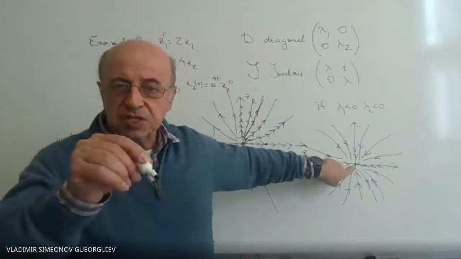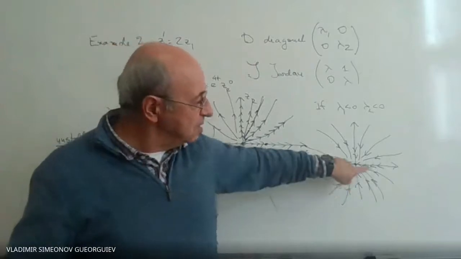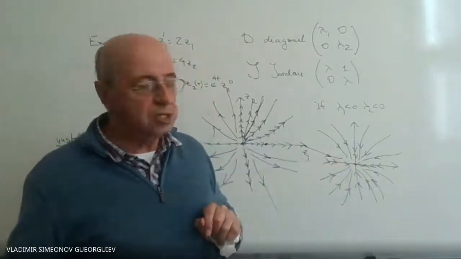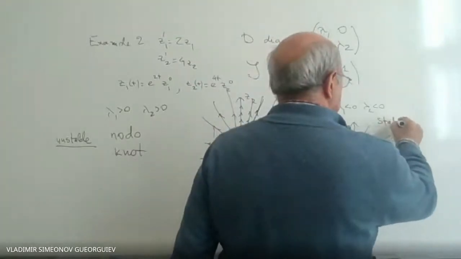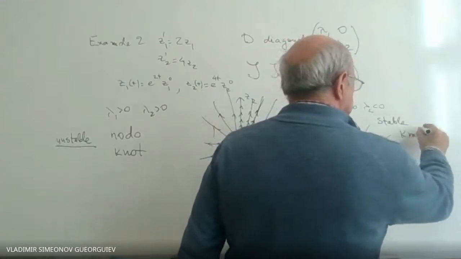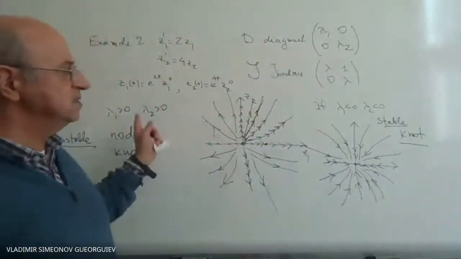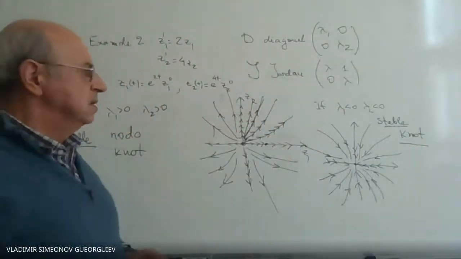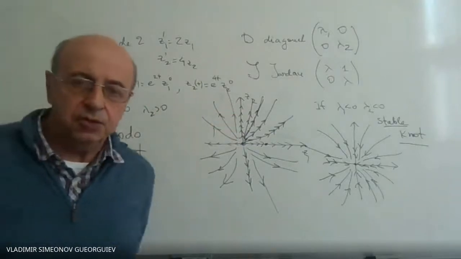So if the solution starts from this point, it remains always there. But with other curves, we approach this stationary point, and there we have a stable node, "nodo stabile". We have one unstable and one stable node, depending on the signs of our eigenvalues.